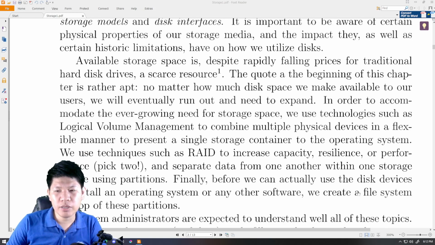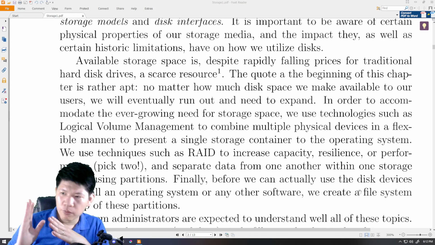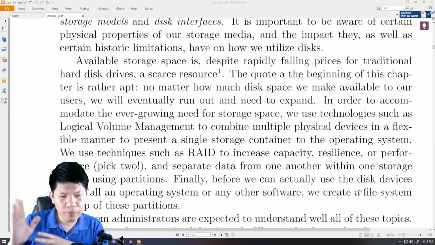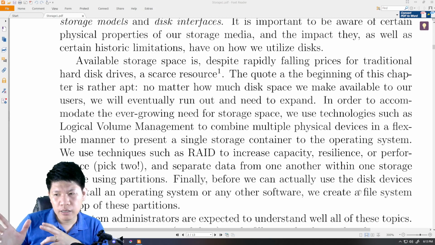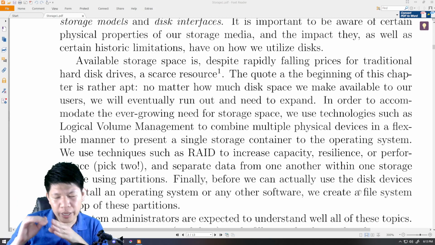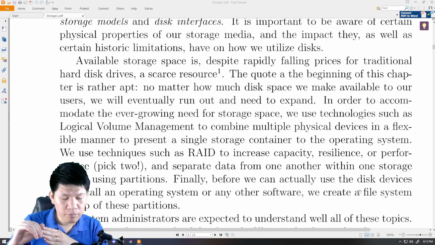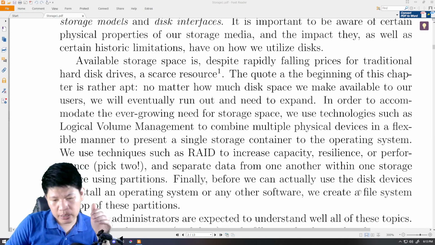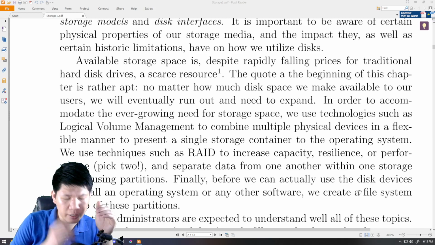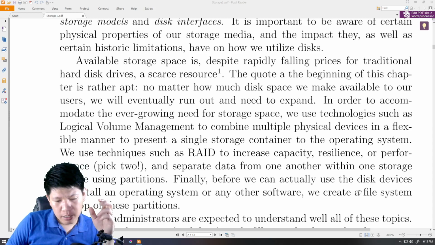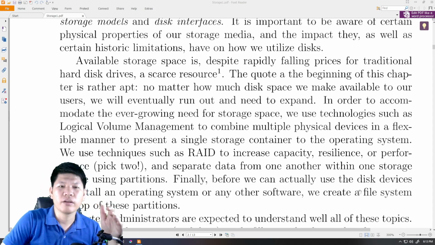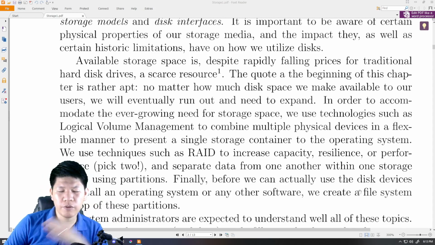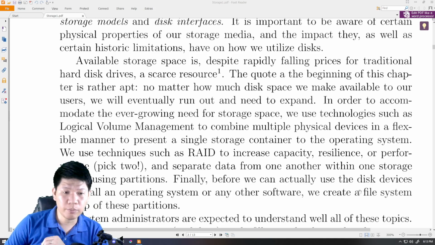Commonly, if you're familiar with PC troubleshooting, we attach hard drives on a single motherboard. When we install an operating system on that motherboard, we assign a hard drive for the operating system, and we can use the other hard drives attached to our motherboard as additional storage space.